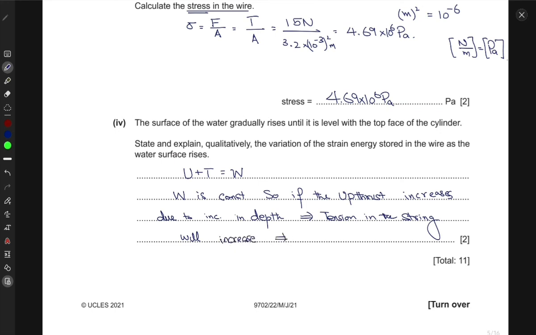And if that increases, that just implies that the strain energy increases, because the strain energy depends upon the stress, and if the tension increases, then the stress is going to increase, and if that happens, then the strain energy stored will be increased.